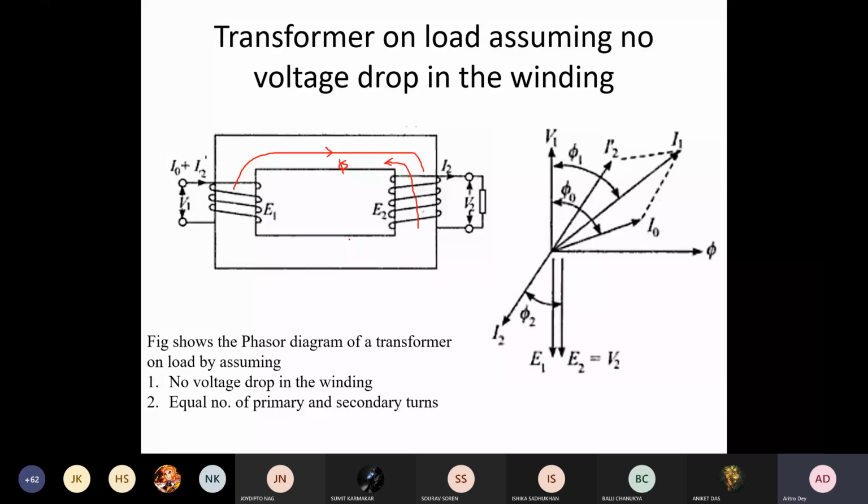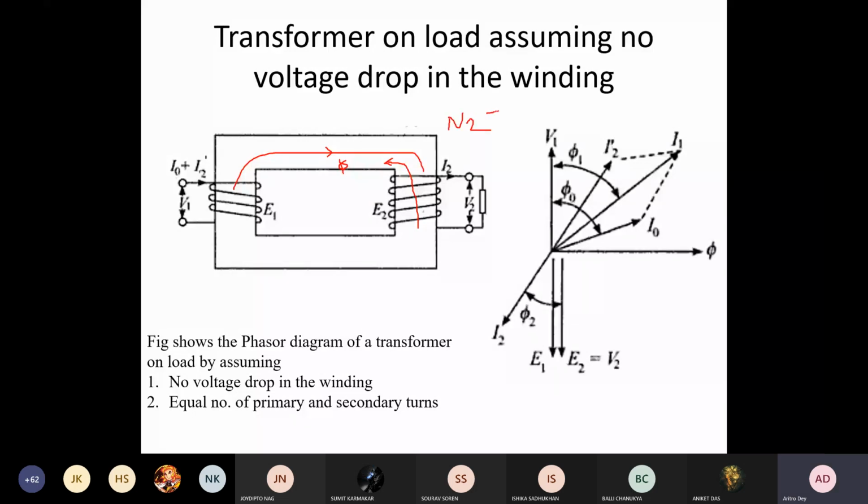So that's why, when this opposite mmf, magnetomotive force, is produced by this I2 current, that will be balanced by this coil. So it is trying to balance this mmf. What is your mmf here? It is N2 into I2.